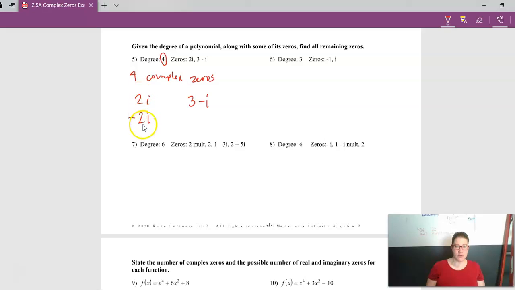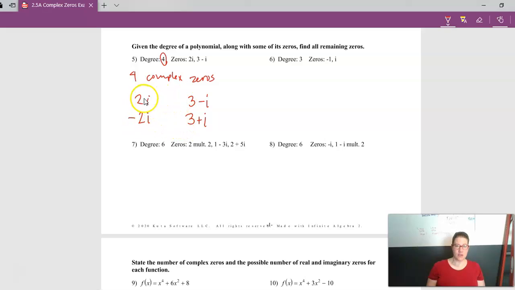The only difference between the two is that the sign in front of the imaginary part always changes to the opposite. So for 3 minus i, it's called a conjugate. The conjugate of 3 minus i is 3 plus i. Just the sign in front of i changes, not the one in front of the real part.